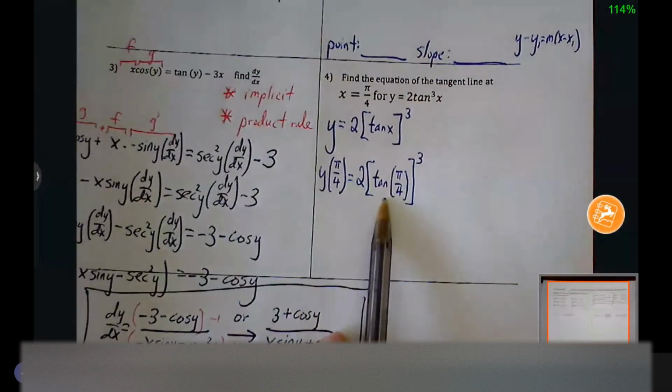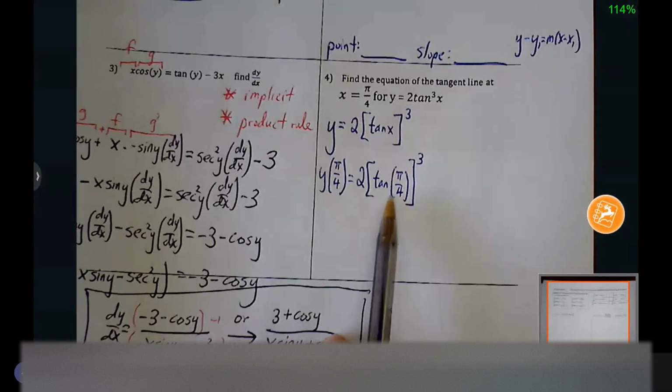Okay, use your calculator if you like, or think about your special values under trig. Tangent to the power of 4 is just 1. 1 cubed is 1. 1 times 2 is 2.